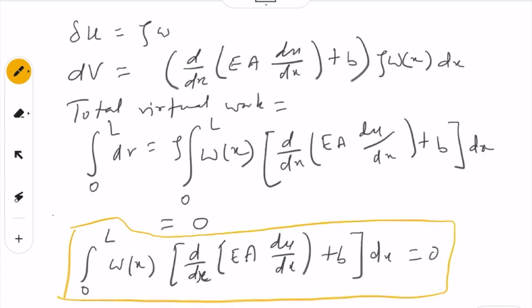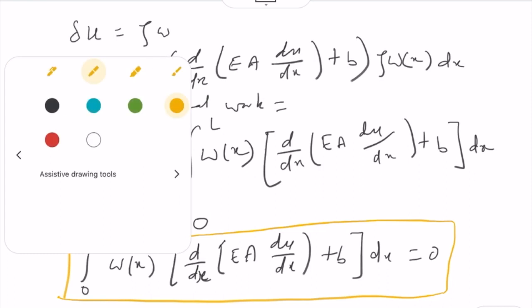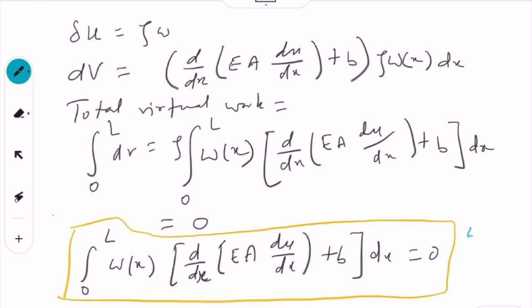You expand that and you will get the weak form, and we have seen that, right. So this is nothing but the weak form.